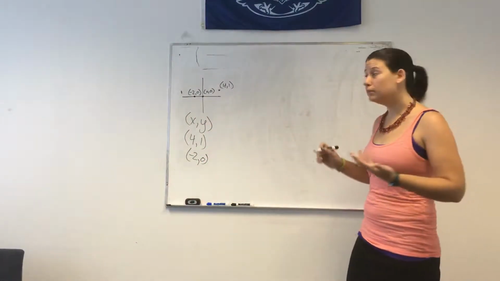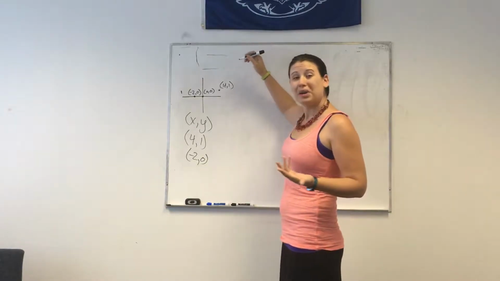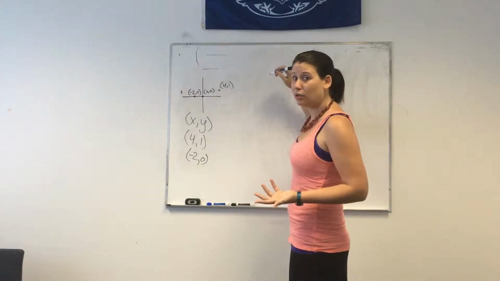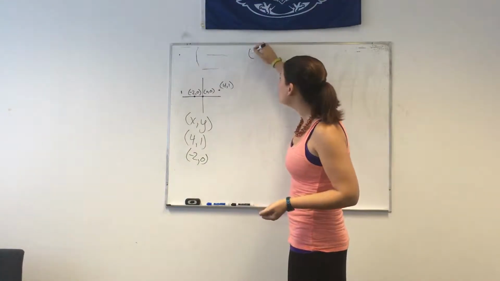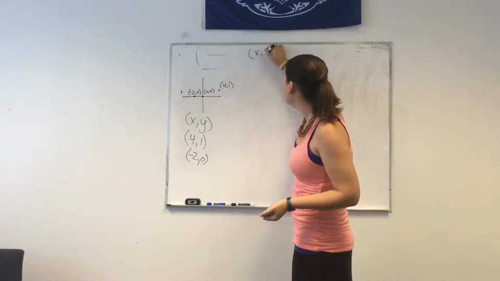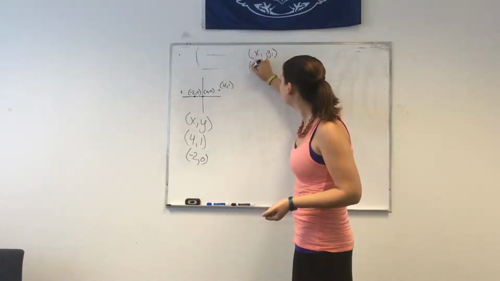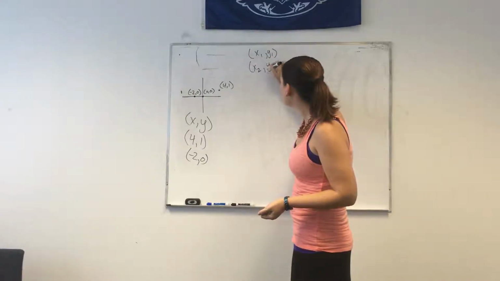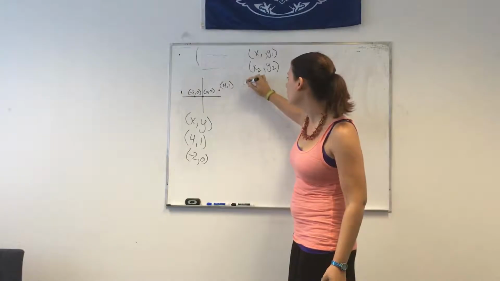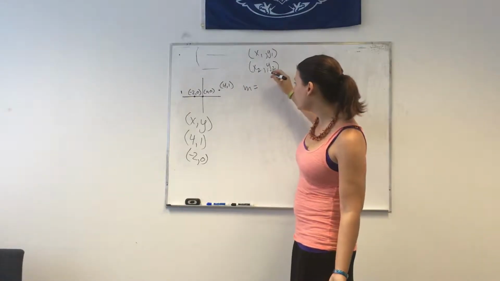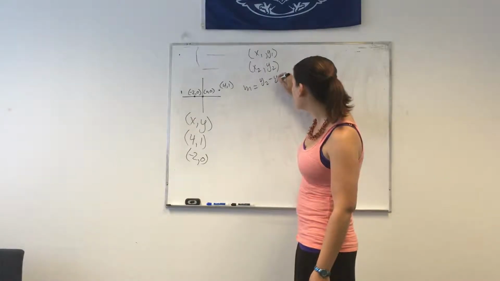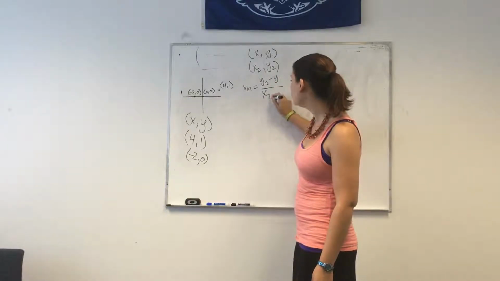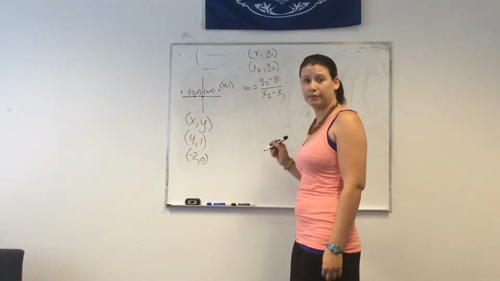Slope comes from 2 points. We will always need to have 2 points to write slope, okay, unless it's just given to us. The form of the 2 points will be x1, y1, and x2, y2, so that we can write slope using m, with y2 minus y1 over x2 minus x1, all right?